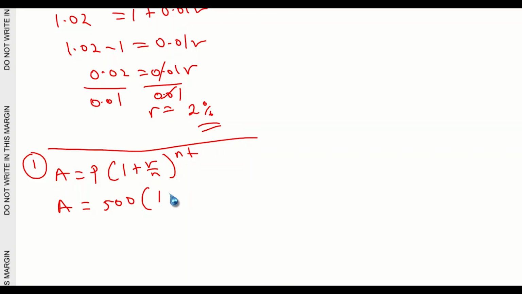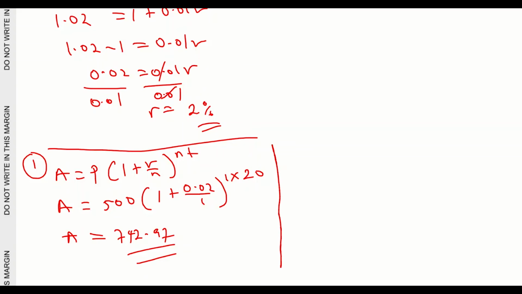Then you have 1 plus the rate, which is 2%, 0.02 over 1, because interest is paid once in a year, so n is equal to 1, then 1 times t, which will be 20 years. If you input this into your calculator, the amount should be equal to 742.97.